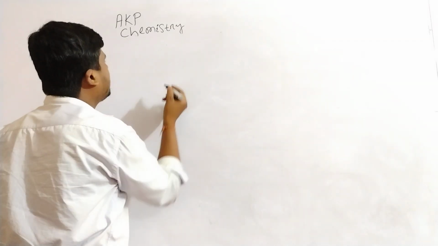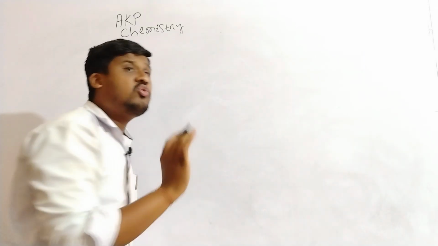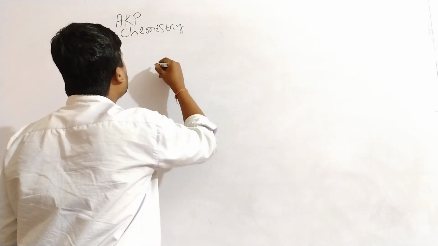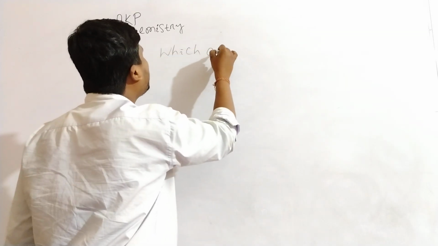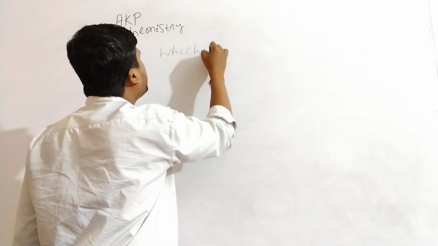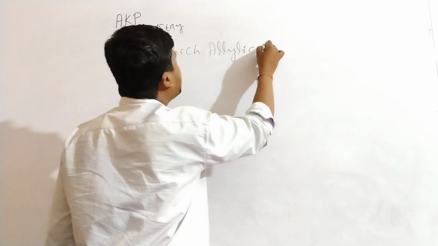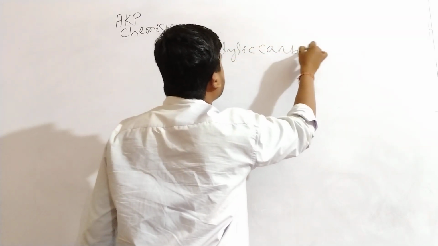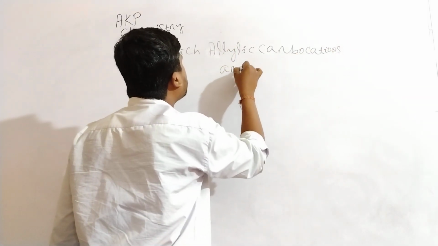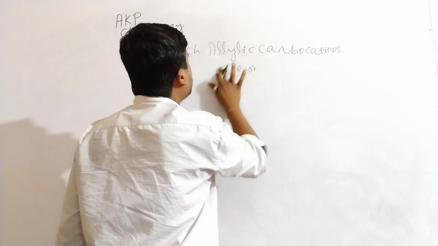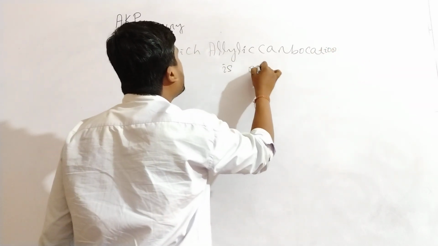The question I will discuss is about stabilities. Which allylic carbocation is most stable?